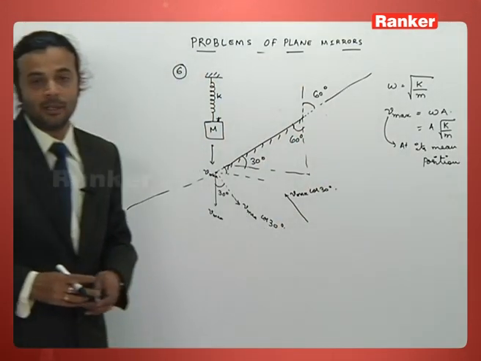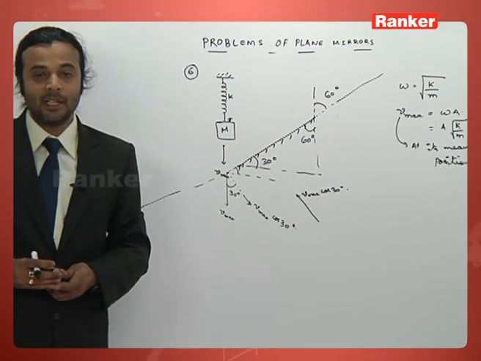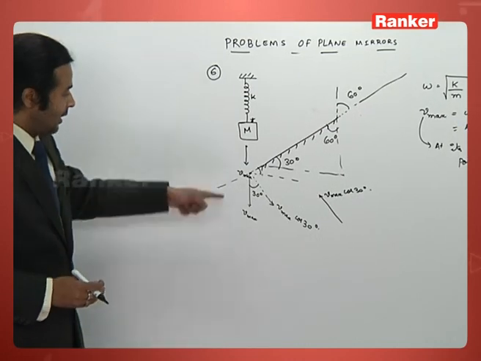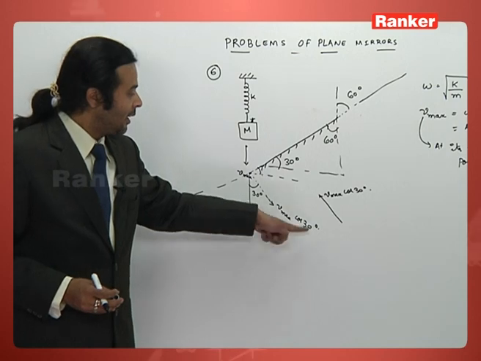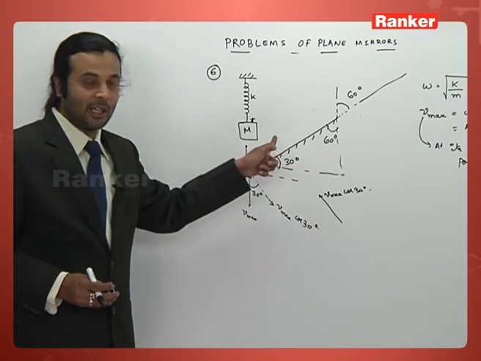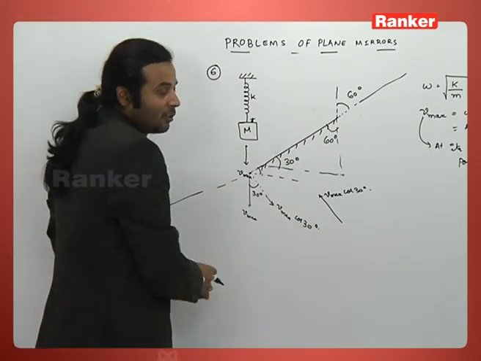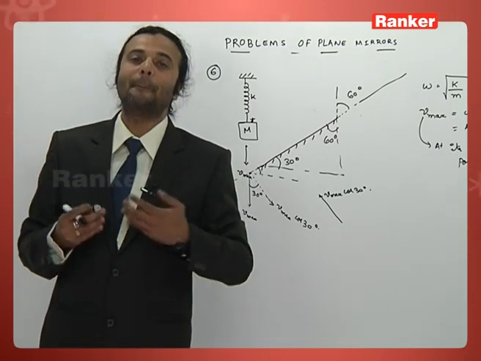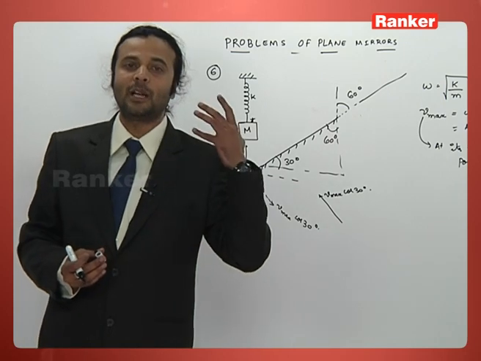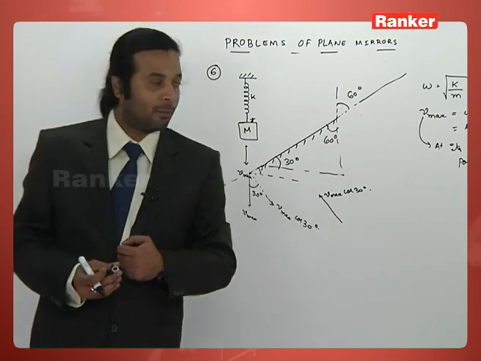Now the question is, find the maximum speed of insect relative to its image. Now the insect speed is V max cos 30 in this way, and the image speed is V max cos 30 in this way, because the sine components will obviously cancel out, because the mirror does not change the parallel component. The mirror always reflects the perpendicular component.